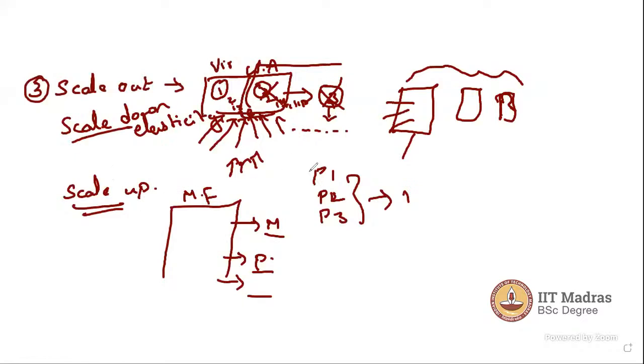But what scale up is, as I specified in previous classes, is that we are using mainframe-like computers or supercomputers. If you want to enhance these mainframe-like computers, only one computer is available in the organization, and whatever requests come are handled by this particular computer.